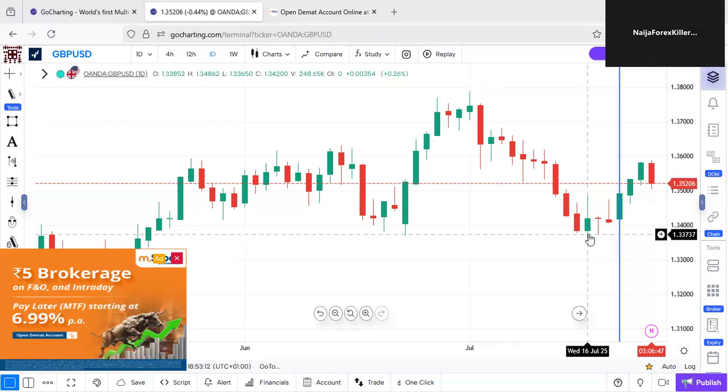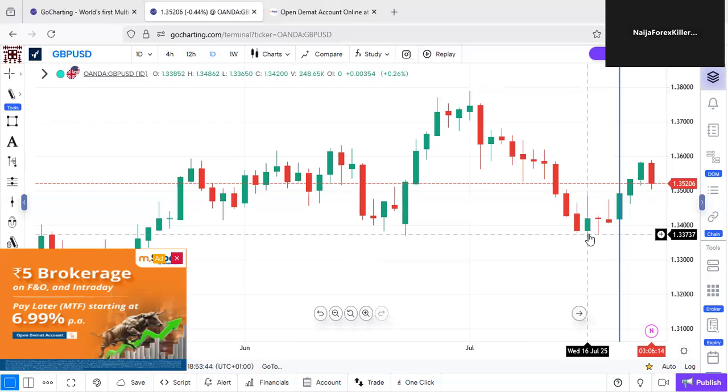Why I'm using red and blue is because this is the most popular and versatile one that people normally use, although some people change it to any color that they want. But basically, out of 10 people trading with candlesticks, you will see 9 using red and blue. Maybe the 1% are those that just want to be different from what others are doing. That's just it when it comes to candlesticks.